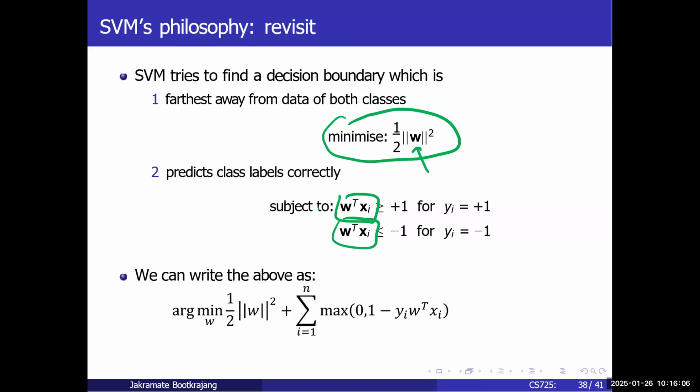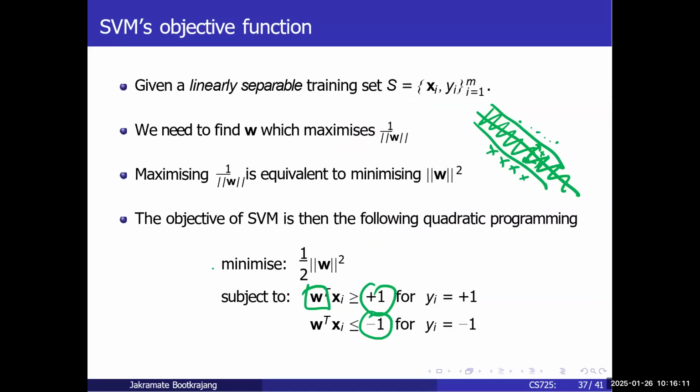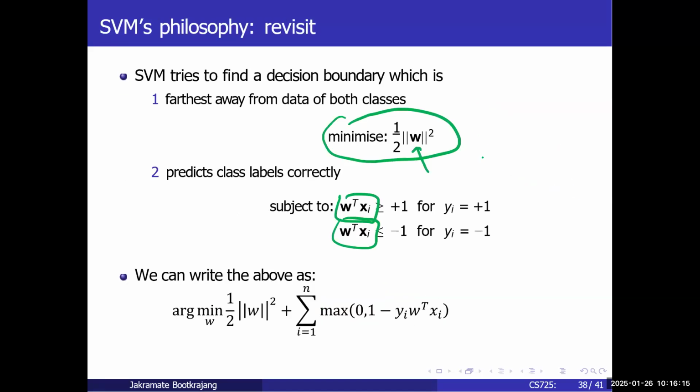And we have objective, we have constraint, we can actually combine both the objective function and the constraint into one big objective function. So this is the same objective function, and then we transform the constraint into this.